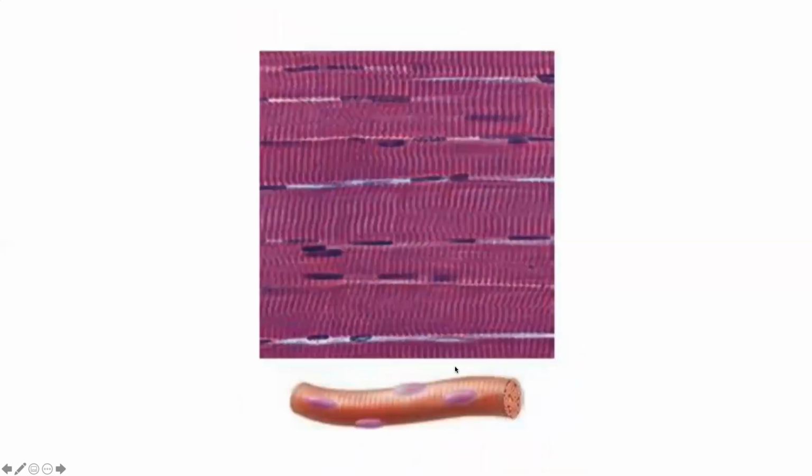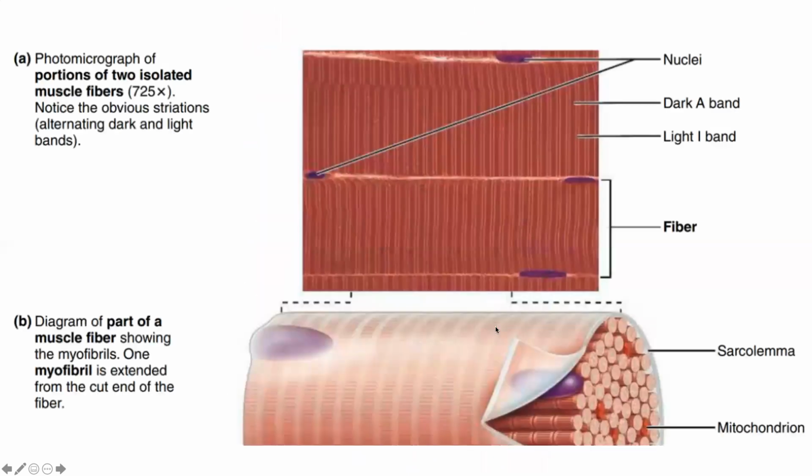We are all talking about this muscle fiber. So these are the muscle fibers, 1, 2, 3, 4, running straight, nice and parallel. They look striated. And now if we look at the single muscle fiber, this is what we are going to see.